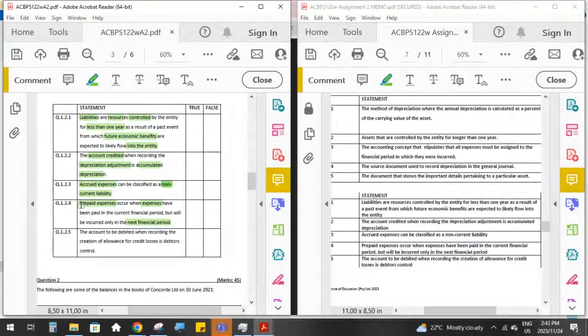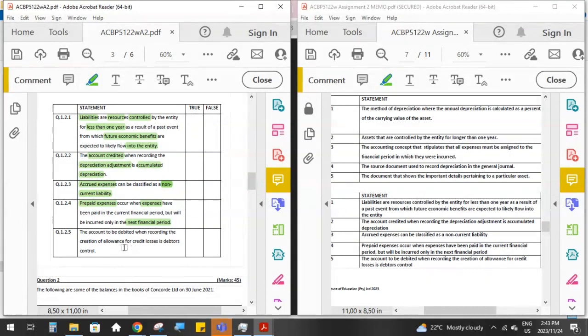We've paid for the expense now, but the actual expense will only be incurred in the future. So in your textbooks, you've got examples like rent and insurance, where you're paying the rent or the insurance now, but you're paying for next month's rent, or for insurance that you're going to be covered for over the next 12 months.